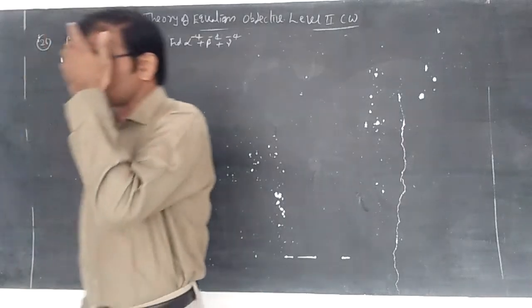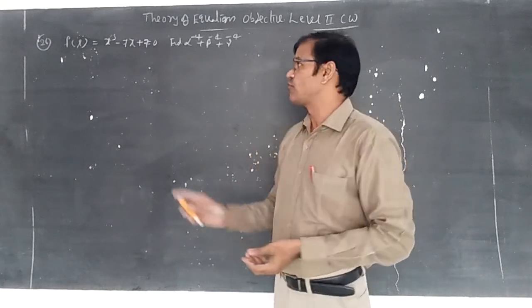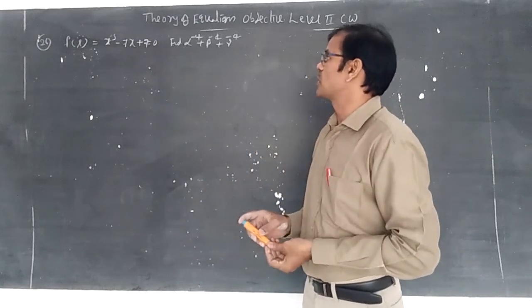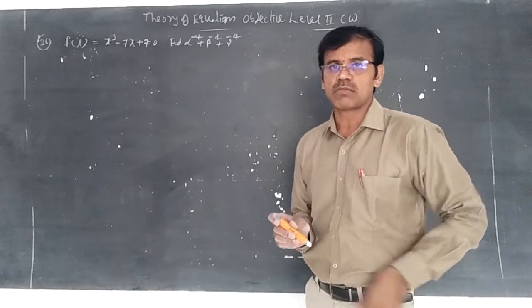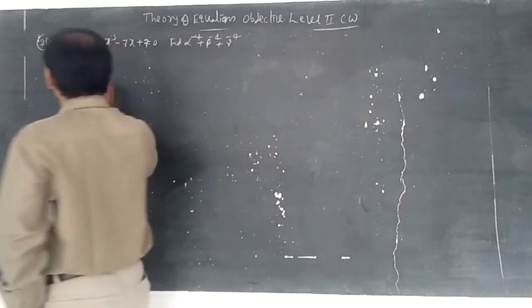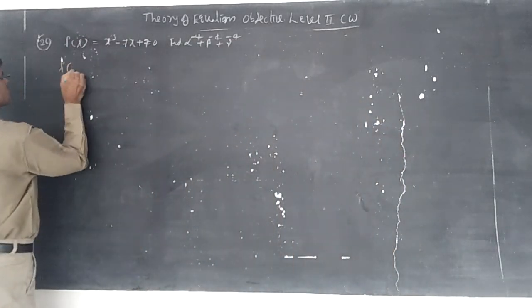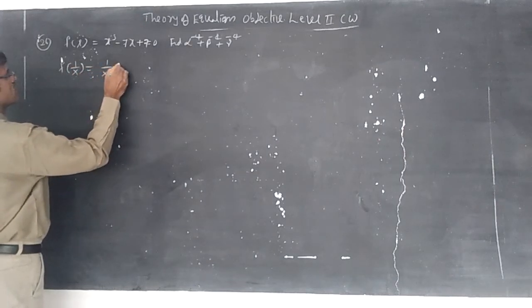Using the reciprocal equation concept, take f of 1 by x, then you can calculate alpha power 4 plus beta power 4 plus gamma power 4. It is nothing but S4 for the transformed equation.